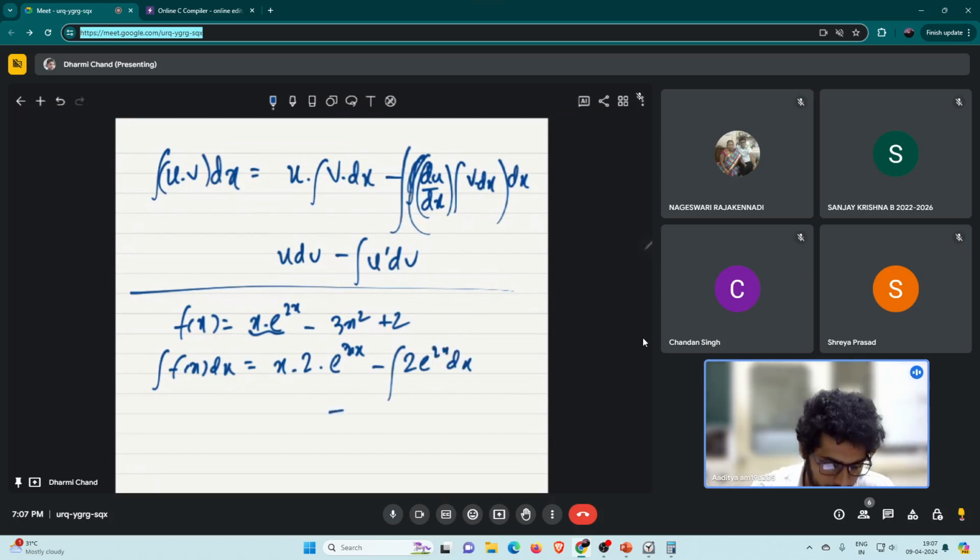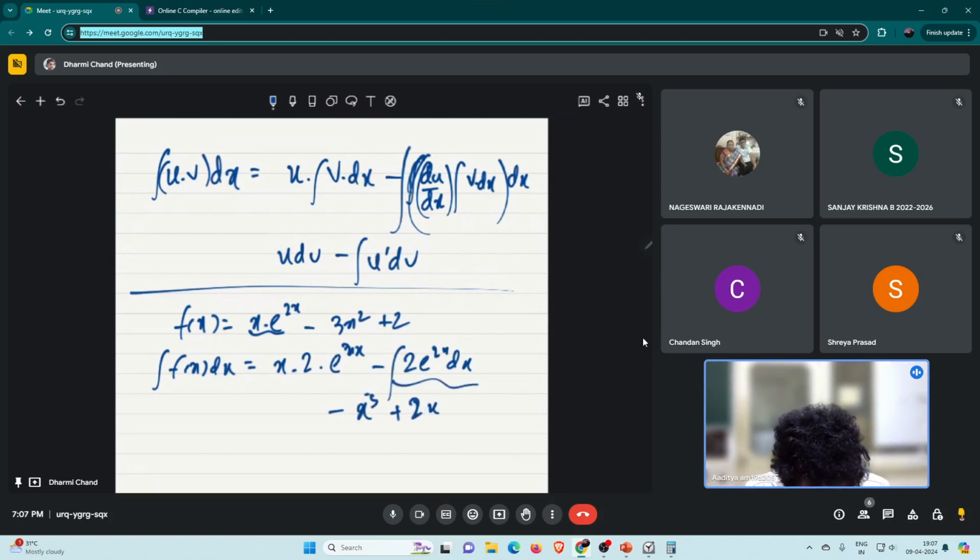So integration of 3x square is 3x cube by 3, so x cube, correct. Plus 2x, right, integration of 2 is 2x.